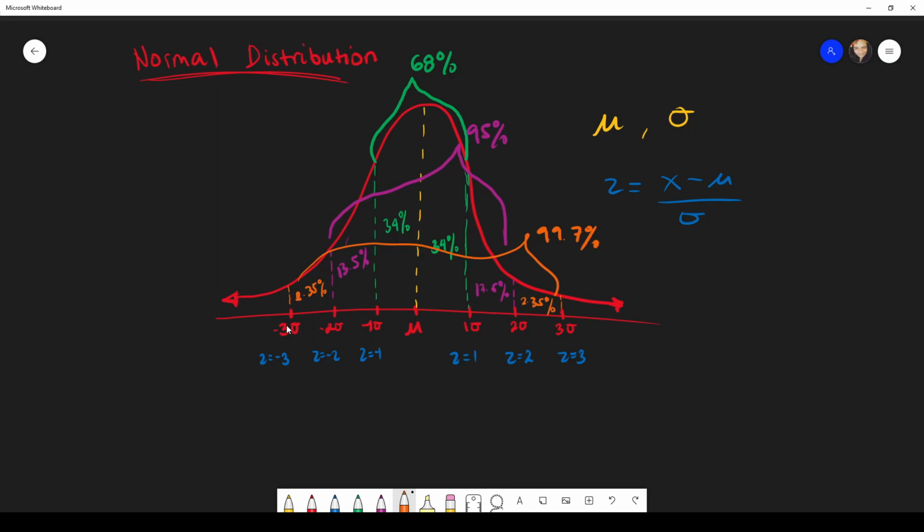So when you add that to the 47.5% of the data between the mean and two standard deviations, that gives you around 49.85% of your data, which gives you 99.7% of the data that we have here. And that's what the empirical rule for a normal distribution is.